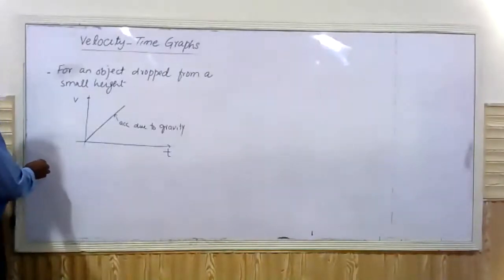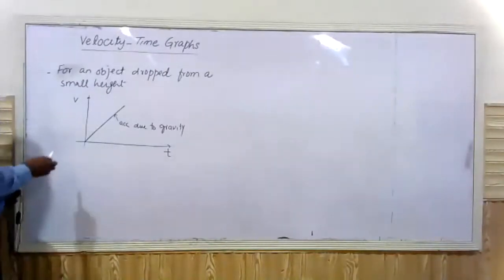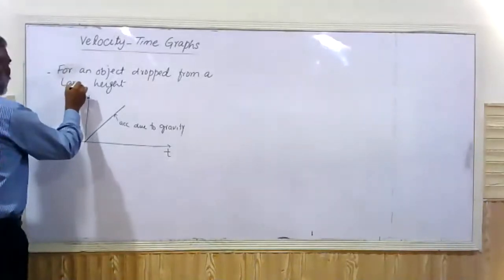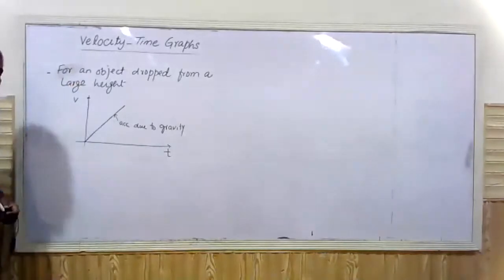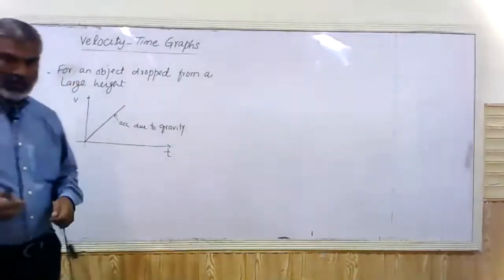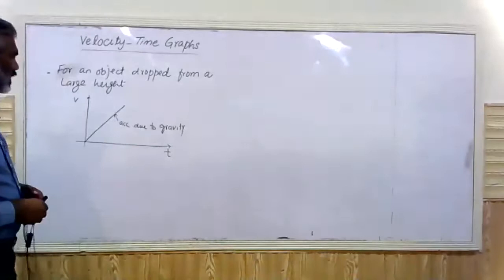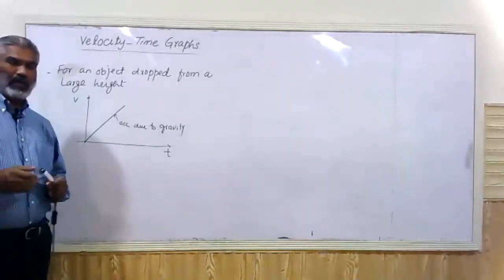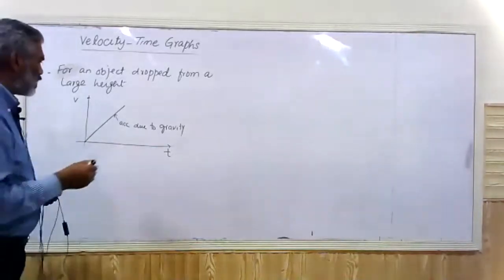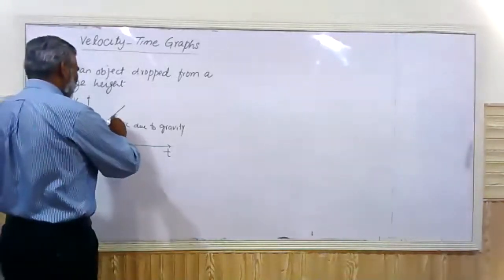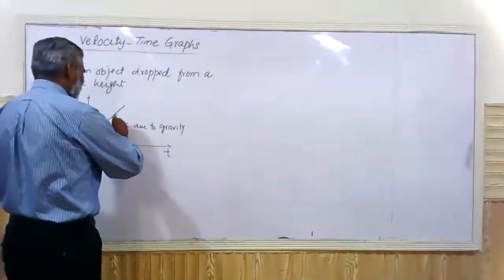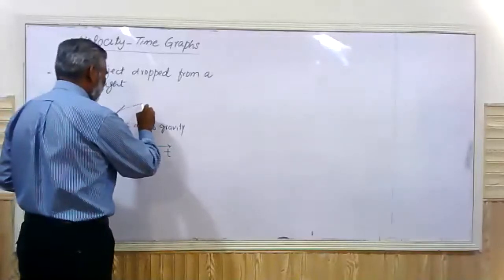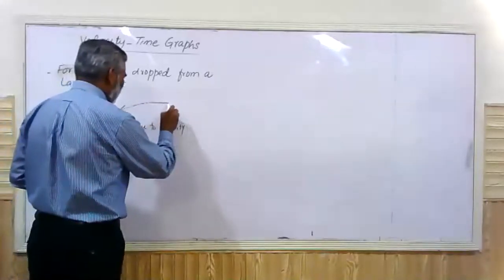Number two, if the object is dropped from a large height, a tall building, a high cliff, words like this will indicate that air resistance cannot be ignored now. Air resistance is now appreciable. So instead of a straight line, it will start developing into a curve, and then it becomes a straight line.